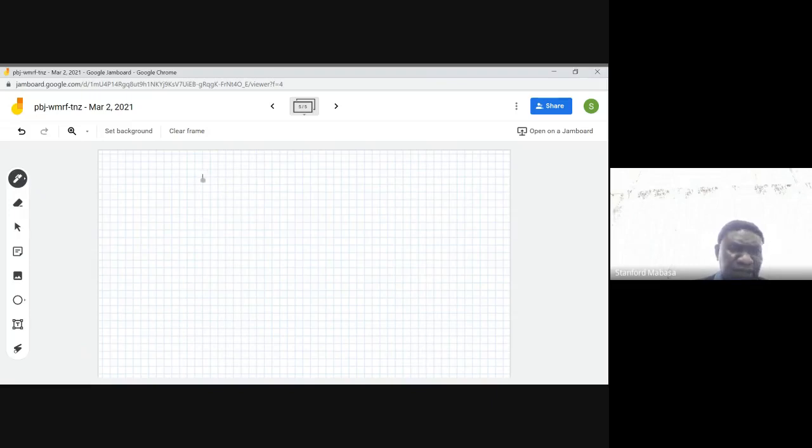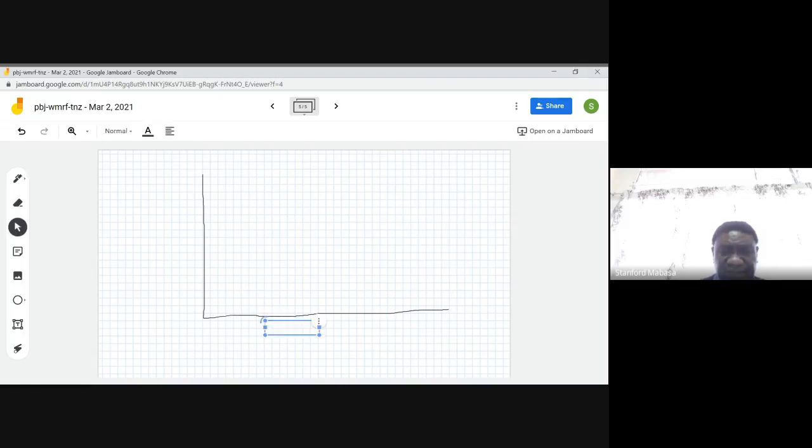So I want to draw this graph. On the x-axis, we are going to put plant density.